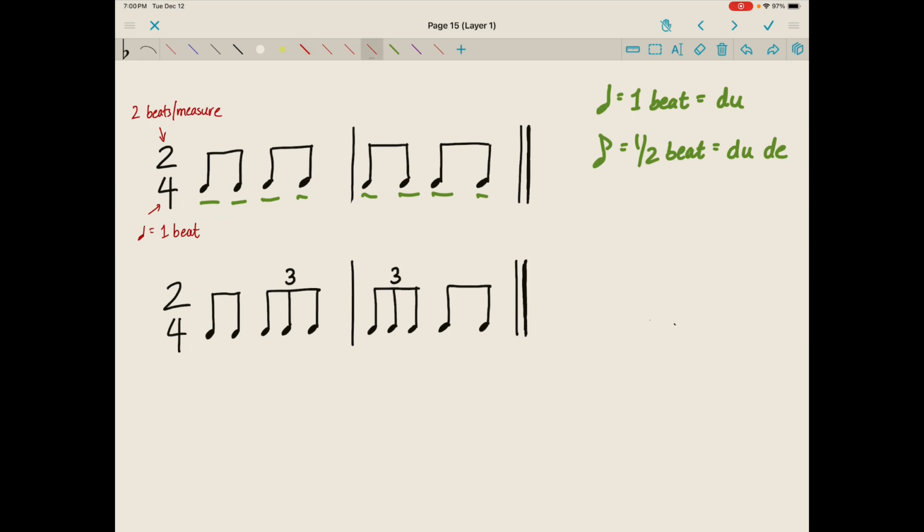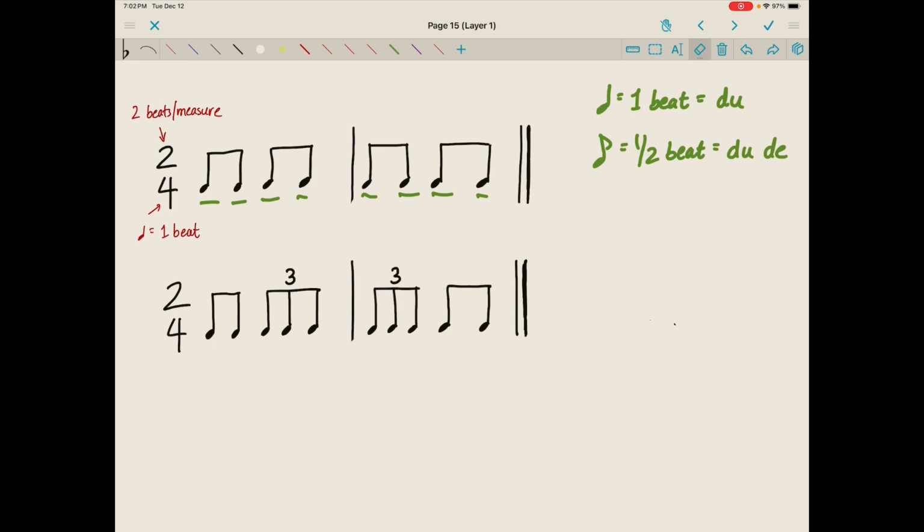So for using Gordon rhythm language, the syllables we would use would be do, day, because those are our half beat notes, and now each of these is worth just 1/3 of a beat each. So we would actually use the syllables do, da, dee. Here's another triplet, do, da, dee, and then we're back to our duple division, do, day.